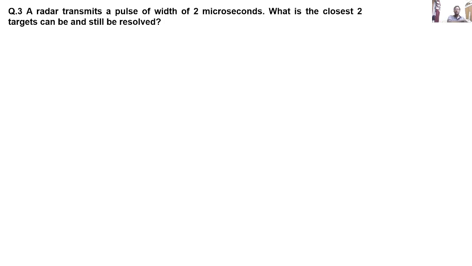Let's take another question. A radar transmits a pulse of width 2 microseconds. What is the closest two targets that can still be resolved by it? So we learned in class that the closest target distance should again be C times the time of the pulse by 2.